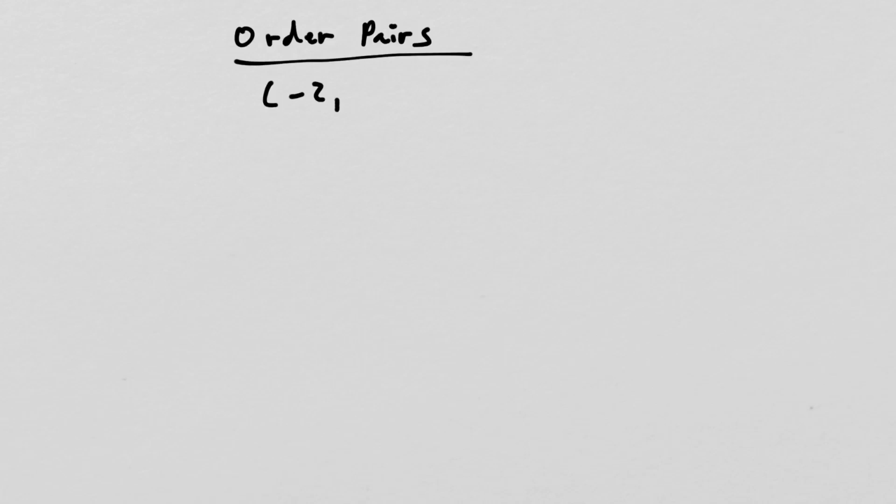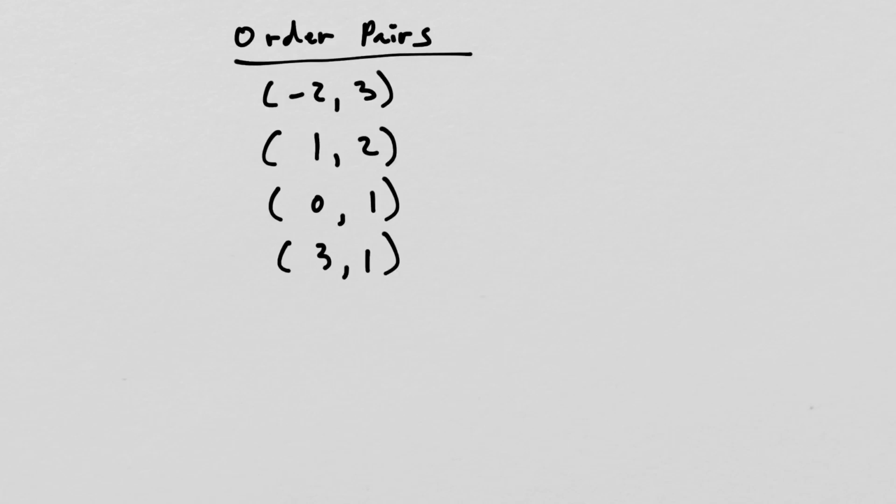So if we have the set of ordered pairs, such as (-2, 3), (1, 2), (0, 1), and (3, 1), the domain of the ordered pairs are all these numbers. These are the x coordinates.